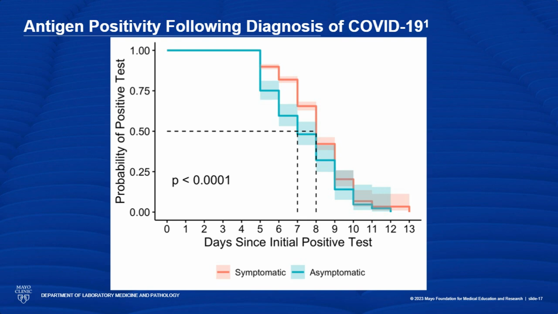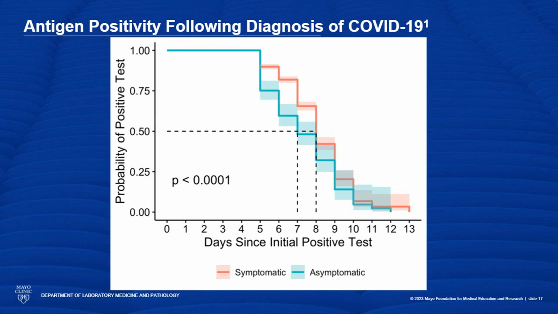The blue line is the drop in antigen positivity in individuals who are asymptomatic at the time of diagnosis. And again, you can see that by day 6, 7, there were still greater than 50% of individuals testing positive by antigen. There were still antigen positive results in about a quarter of patients on day 8 to 9.